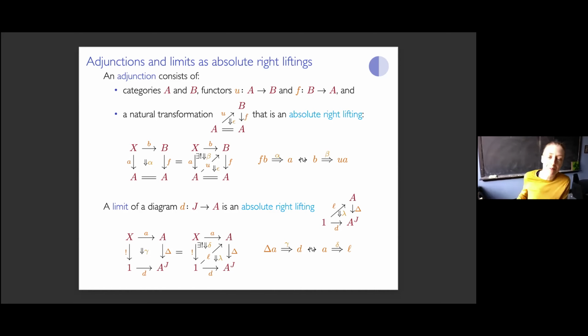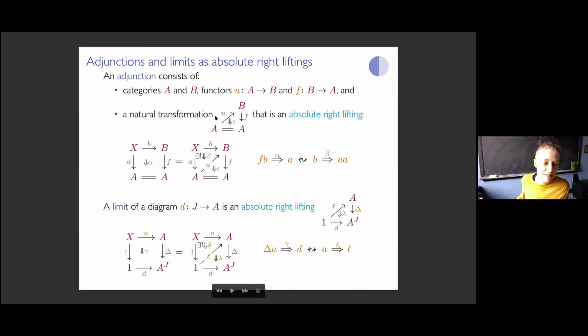So if A and B are ordinary categories, the definition of an adjunction that I referred to here, the thing like the free construction or the tensor product, involves a pair of categories A and B, a pair of functors, U and F. Traditionally F is like a free functor and U is some sort of underlying set construction. Maybe A is some category of algebras over the base category B. And then there's additional data of a natural transformation.